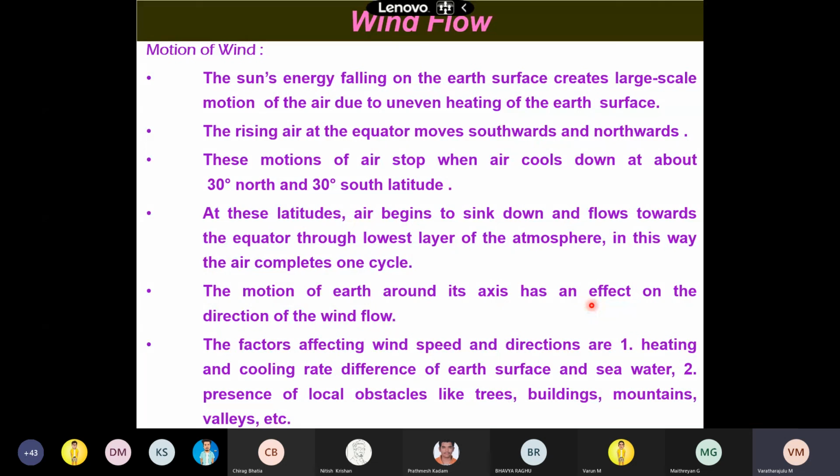At these latitudes, air begins to sink down and flows towards the equator through the lowest layer of the atmosphere, in which way the air completes one cycle.